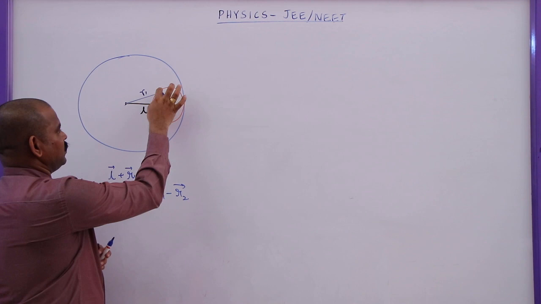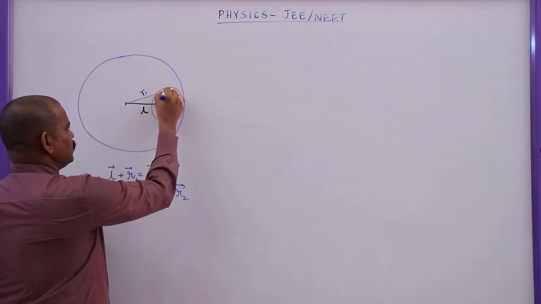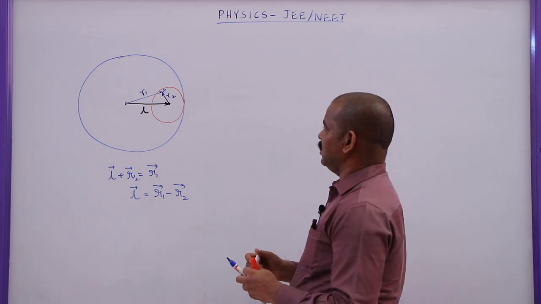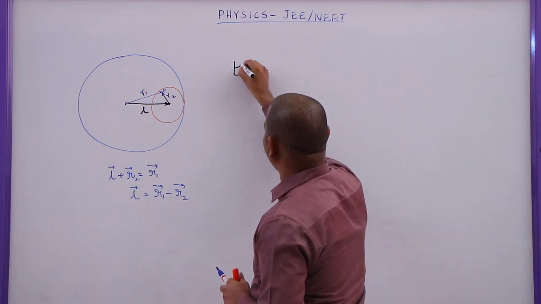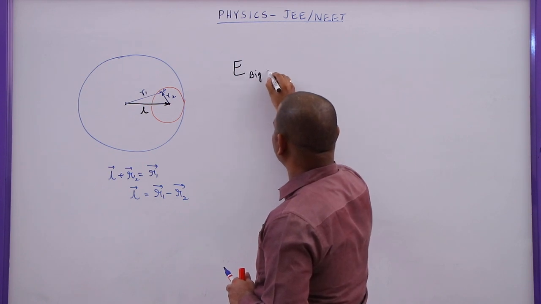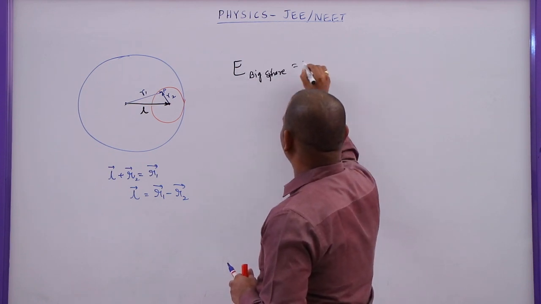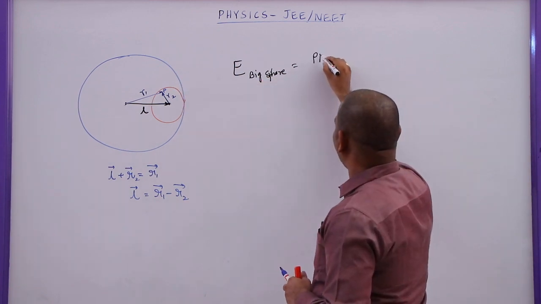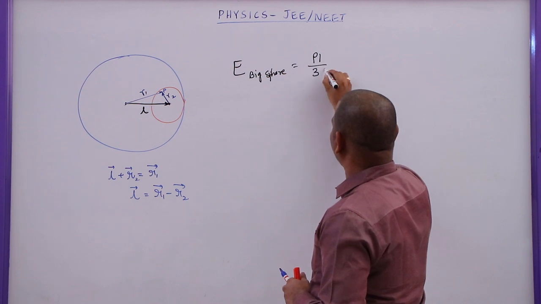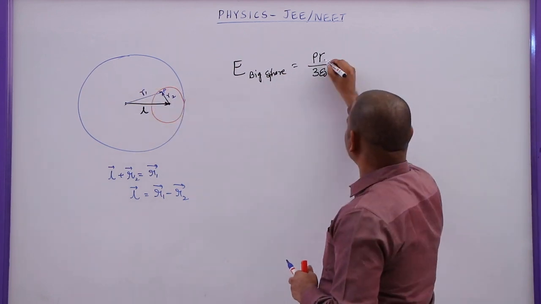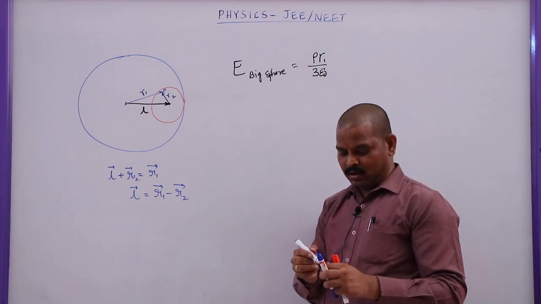So what is the electric field at this point? Let me take this point as P. The electric field at point P due to the big sphere, as it is non-conducting, we can write as rho r by 3 epsilon naught, but r is equal to r1, so rho r1 by 3 epsilon naught.